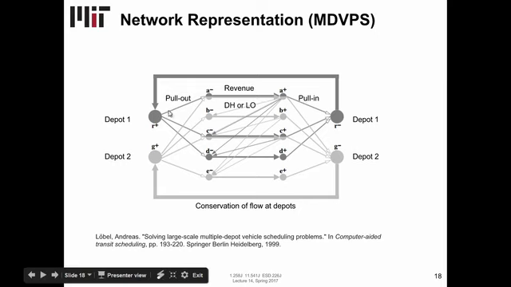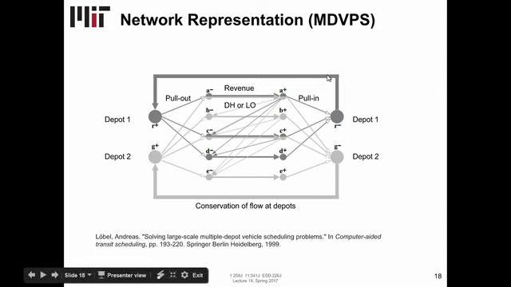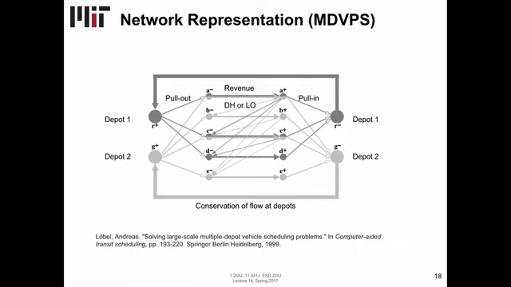There may be some constraints on the number of vehicles that pull out from each one of these depots and pull in to each one of these depots. And again, if we didn't have the constraint of having an integer solution, this could be solved in linear time too. However, with integer constraints, it's not possible. Okay, so are there any questions about this?